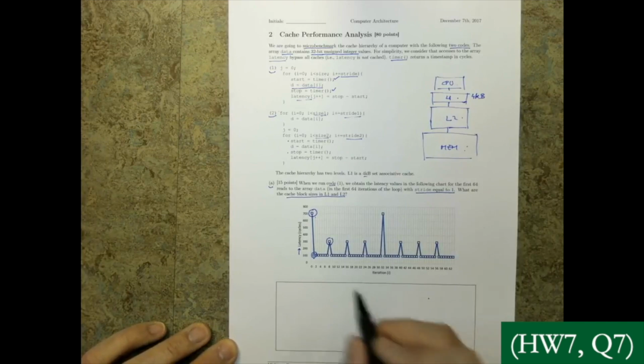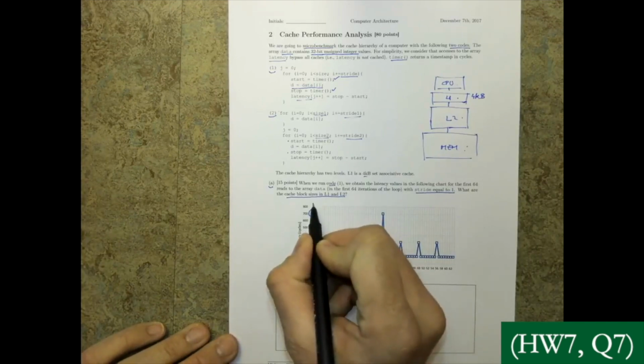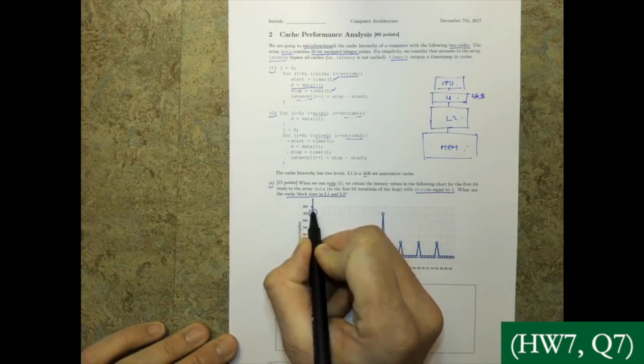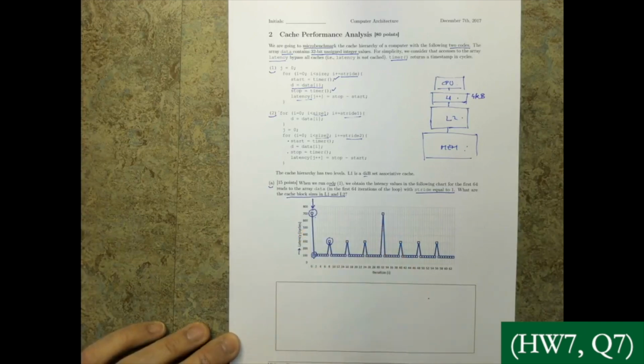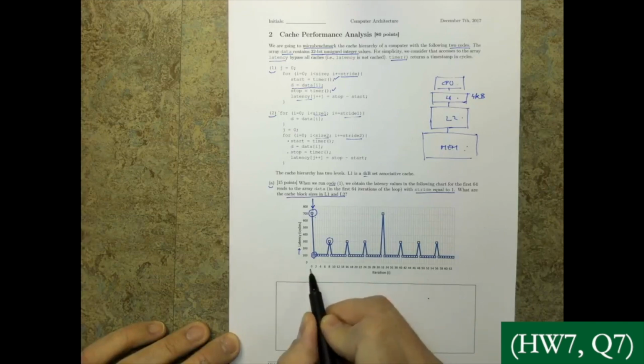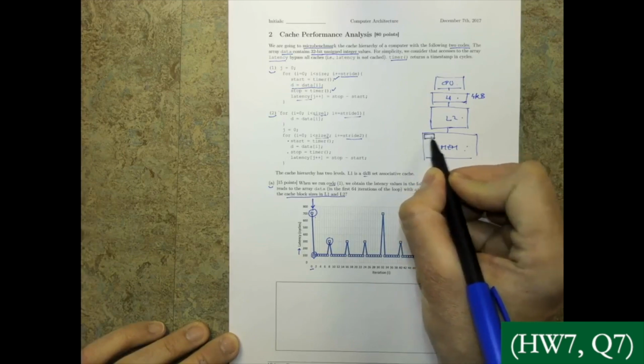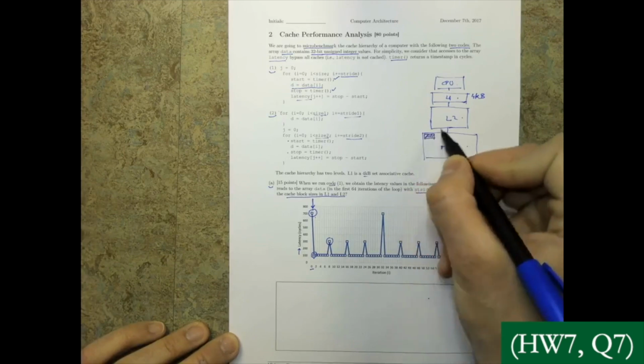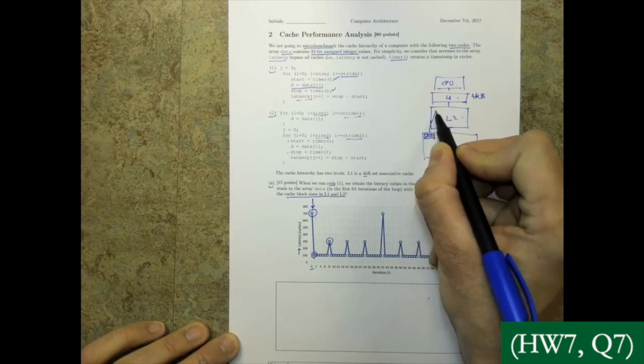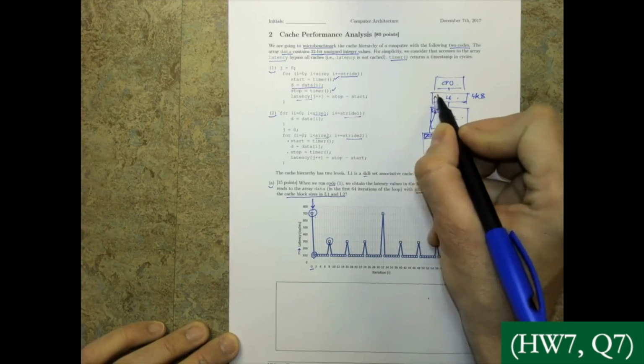And exactly what happens here in the very first access, when i is equal to 0, is we will have an L2 cache miss. For example, this cache block in memory will be brought to L2 and also to L1.